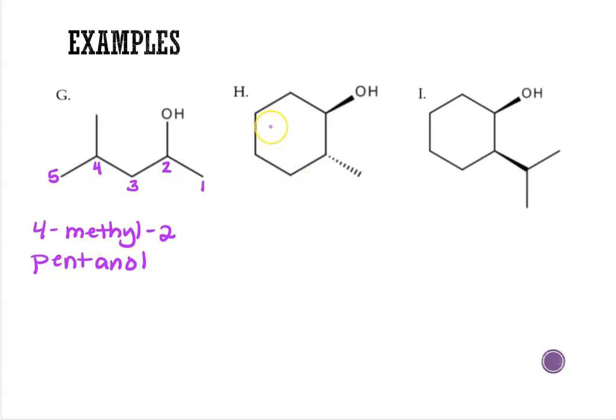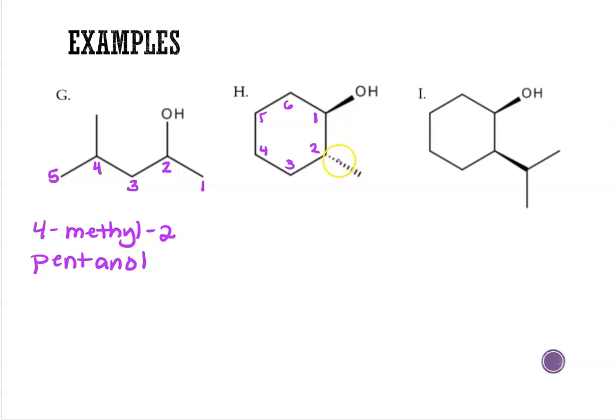All right, here we have another cyclic chain. And whenever we have these wedges here, we know that we have cis-trans isomerization happening. So before I tackle that, first of all, let's figure out our naming situation here. I always start with the alcohol, and then I'm just going to count to the smallest. So this is going to be 2, 3, 4, 5, 6. It does not make sense to go the other way around. All right, so one of these wedges is solid, one of these wedges is not.